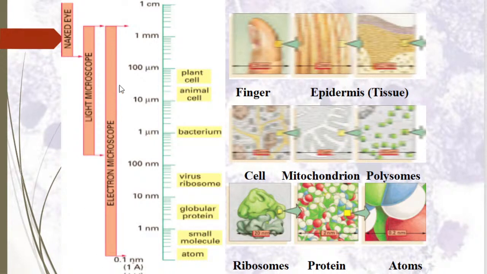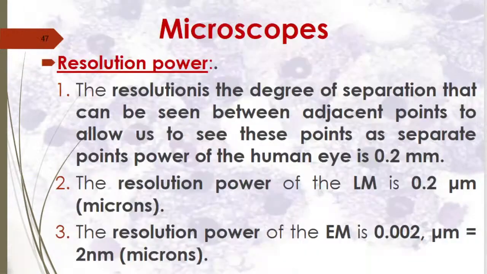The electron microscope can show us not only animal or plant cells, but also bacteria, viruses and ribosomes. In this case, it shows magnification and resolution at 100 nanometers, 10 nanometers, and more than 1 nanometer, in angstroms. In this case, we're talking about the molecular and atomic level.